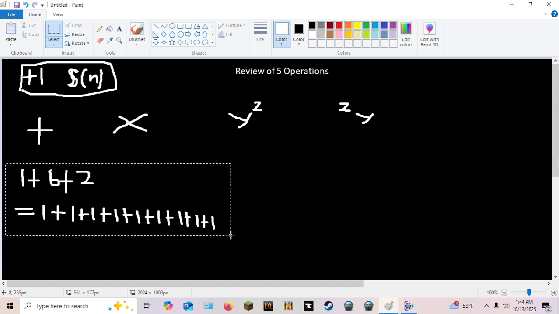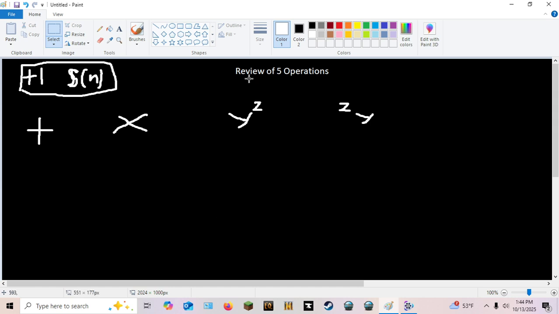Moving on to the next operation. Multiplication is repeated addition. So these are the symbols of multiplication. A dot, an asterisk, which is computer notation, I'm pretty sure, which looks like a star, but we're not gonna use that much.